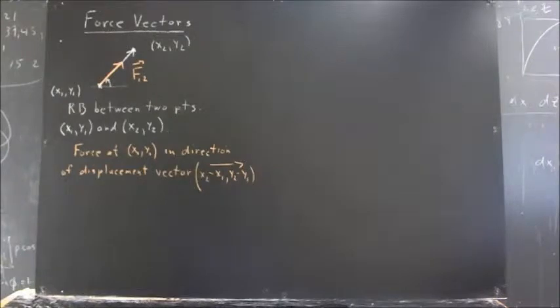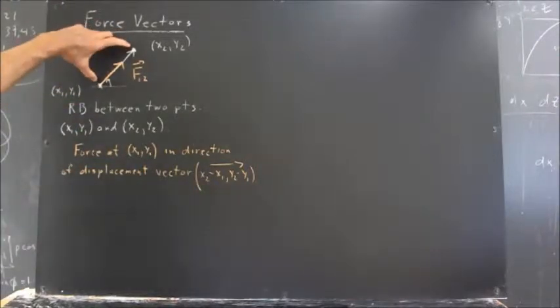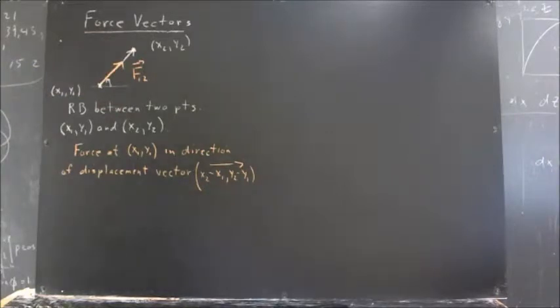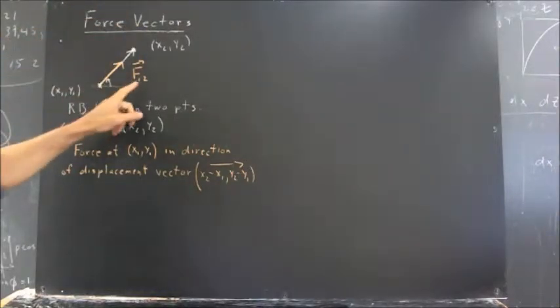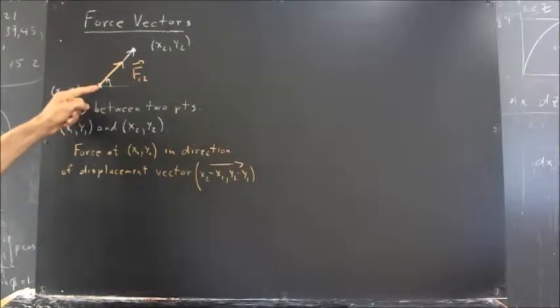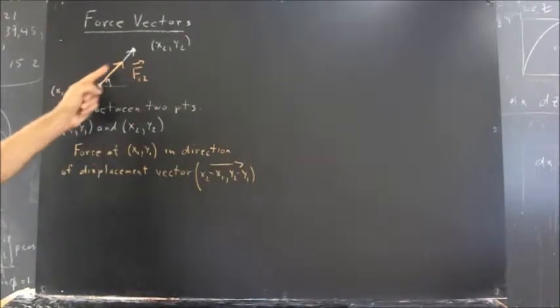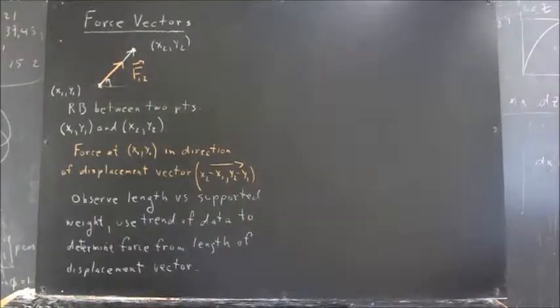I can actually draw a graph of that. I can model it with a function. I can do all kinds of things and determine from the length of this displacement vector how much force was being exerted by the rubber band, how much tension there was in the rubber band, that tension then pulling this end this way, pulling this end this way, and we're interested in the tension exerted on this point, which is going to be in this direction.